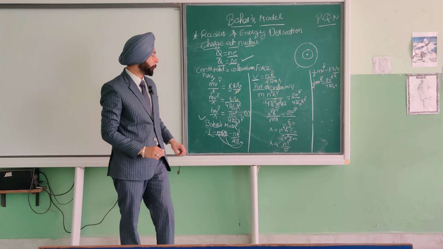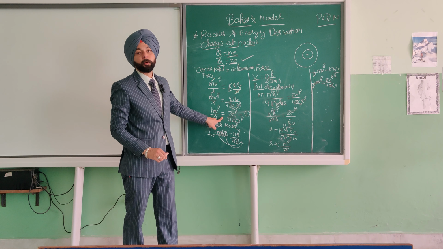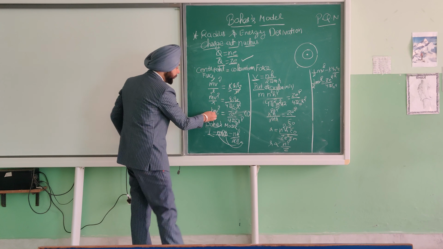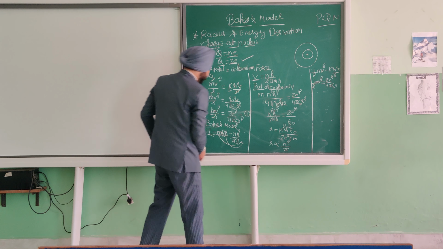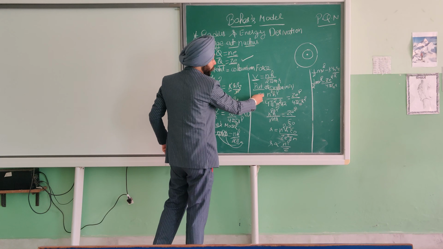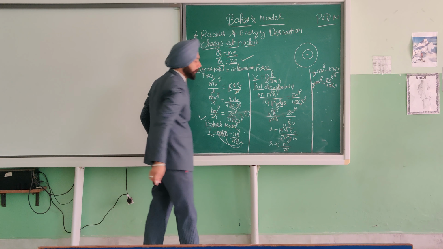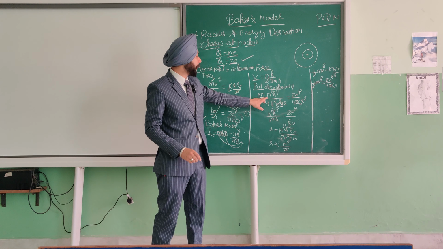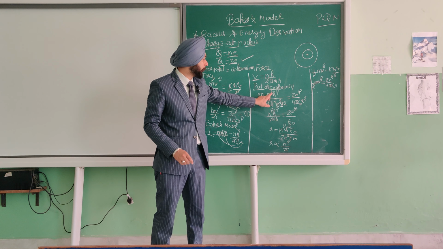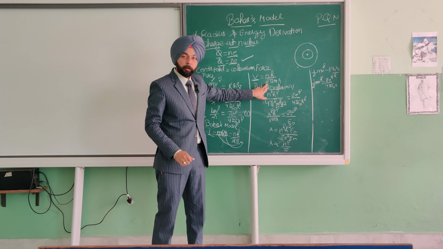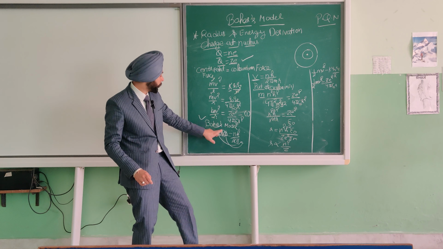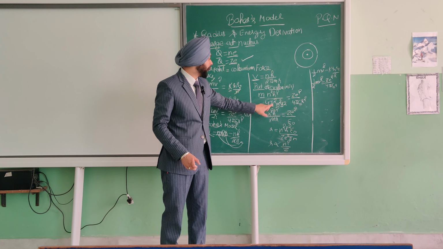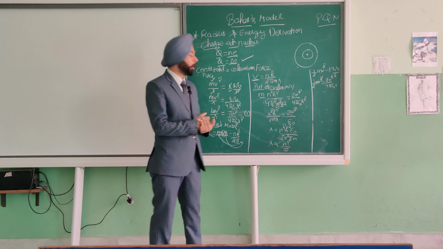Now put this value of v in the first equation. For mv square, m and r we write as it is. Next, at the place of v we take nh whole square, so that means n square h square upon 2 pi square, since v square, so the square applies to everything: 4 pi square m square into r square.